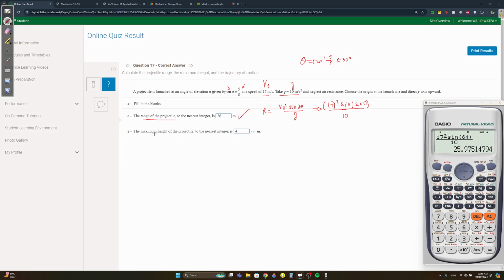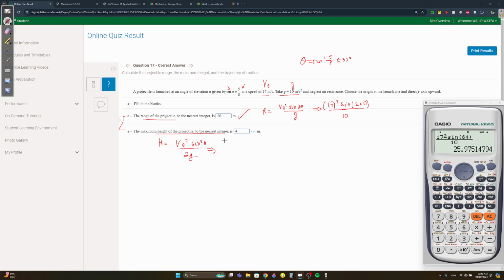Okay. The maximum height of the projectile. Maximum height, h, is equal to v naught squared sine squared theta over 2g. This question, I'm telling you from now, they will bring it. If not like this, they will give you a question where they want range and maximum height only.